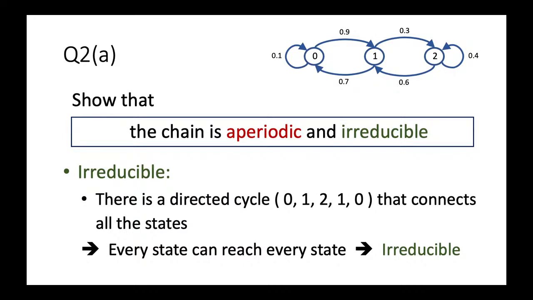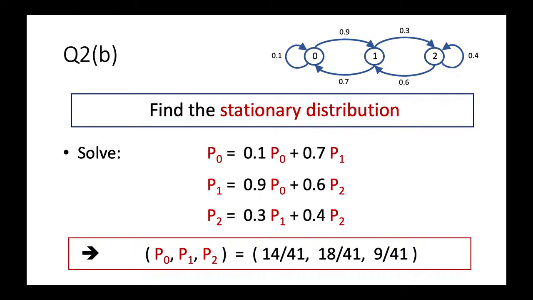Now, when the chain is aperiodic and irreducible, we know that it has a stationary distribution, and this stationary distribution is also unique. So we can find the stationary distribution by solving this set of linear equations. Let's say it is P0, P1, and P2.